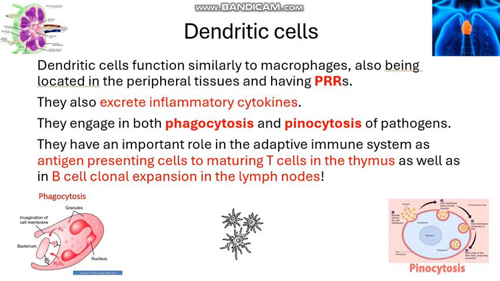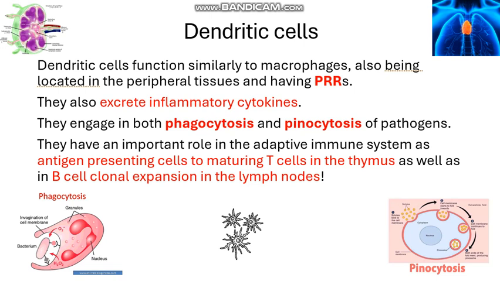But the important thing about dendritic cells, they play a very important role in the adaptive immune system, as they are antigen presenting cells, so they bring antigens from the peripheral tissues to the lymphoid cells.